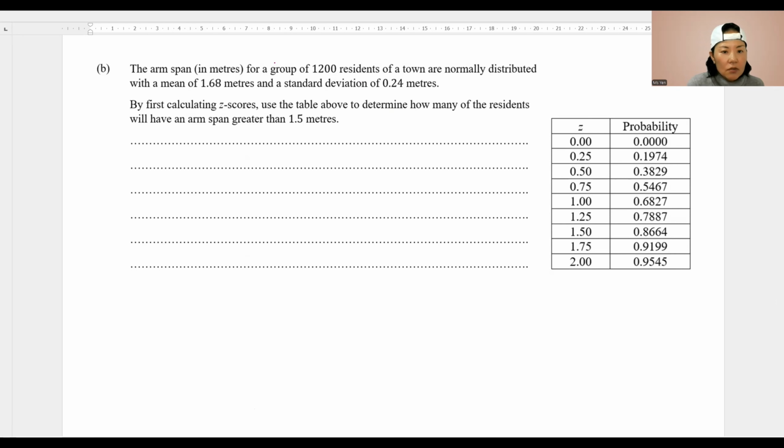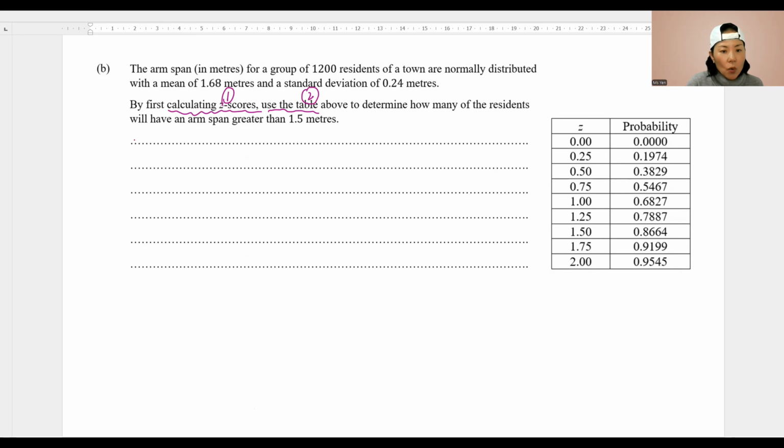First, we need to calculate z-scores and then use the table to convert the z-score to probability to find how many residents have an arm span greater than 1.5 meters.